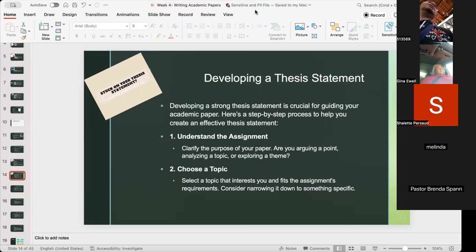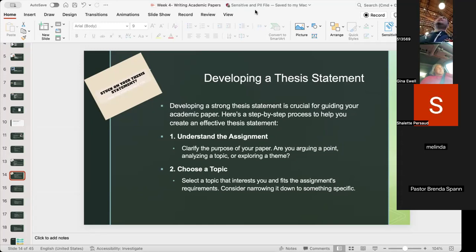So a thesis statement is the most important part of your paper. It really guides what's going to be following in the rest of your paper.